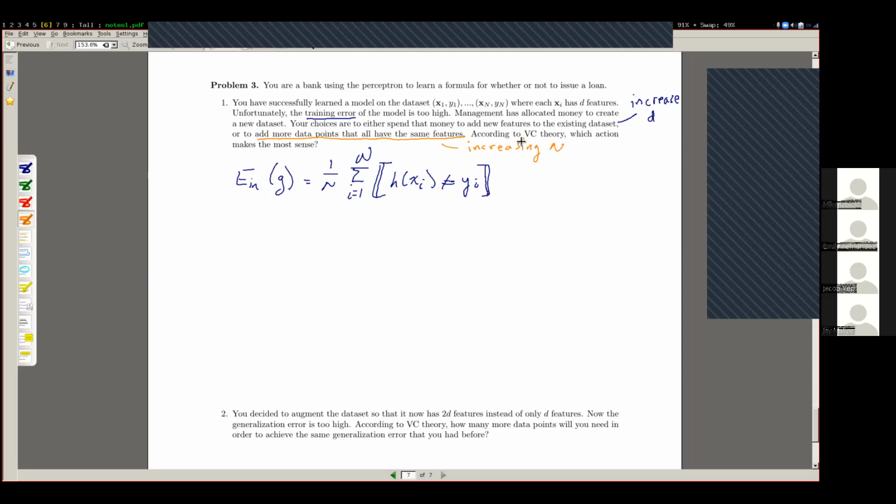We can use this VC theory. We don't have to plug in any numbers, but using just the trends of this VC theory, we can figure out which of these two is likely to be a good choice for us.